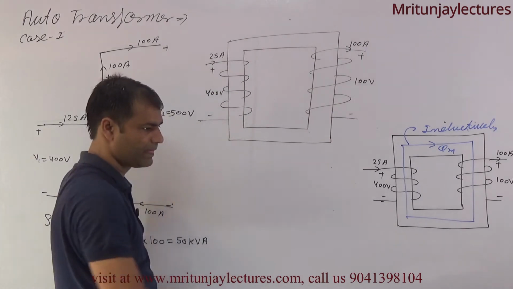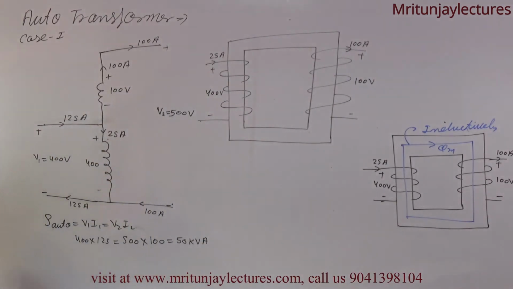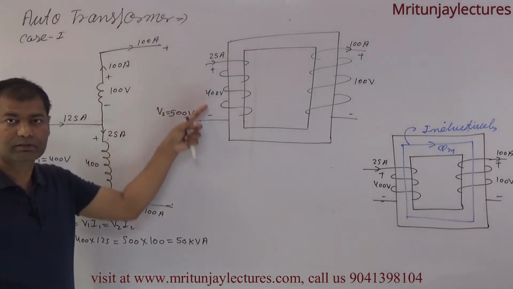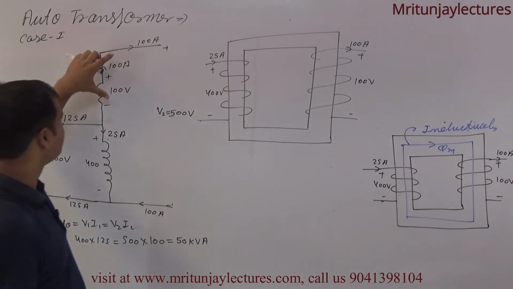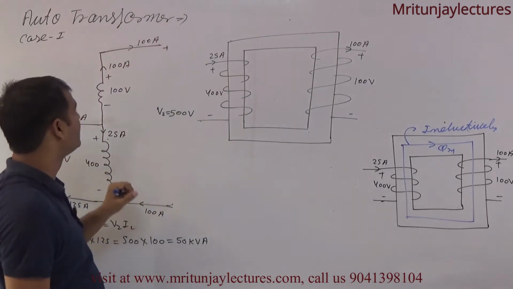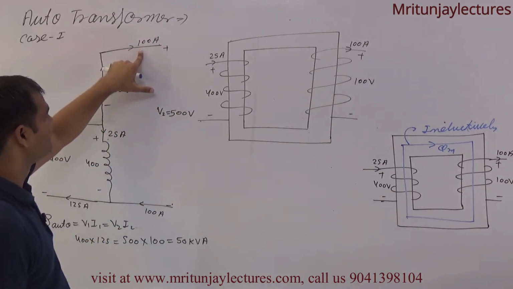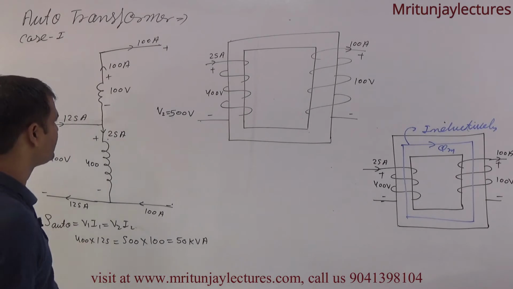Clear? In primary side 400, same. Now what about secondary side? That is 500 and current is 100 ampere. Clear?